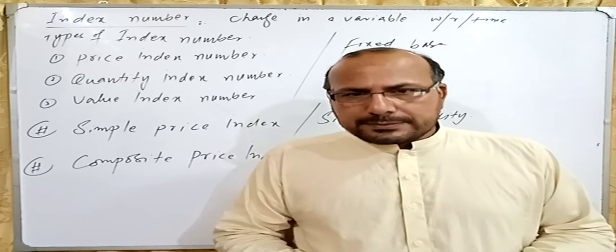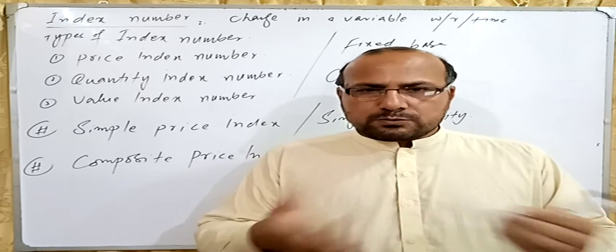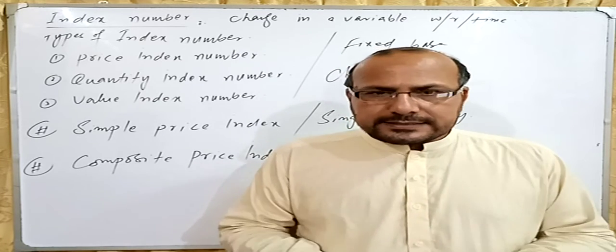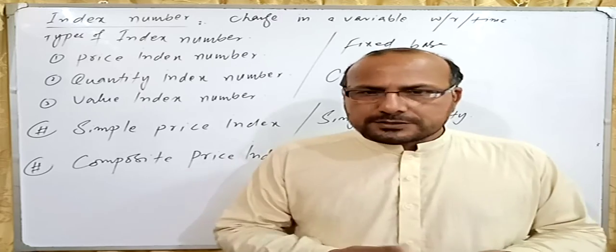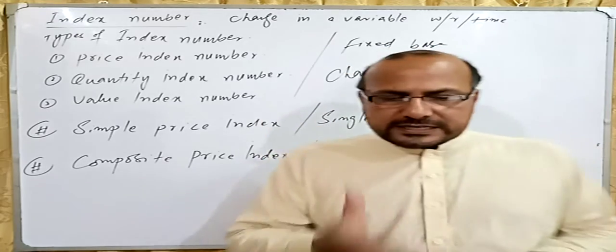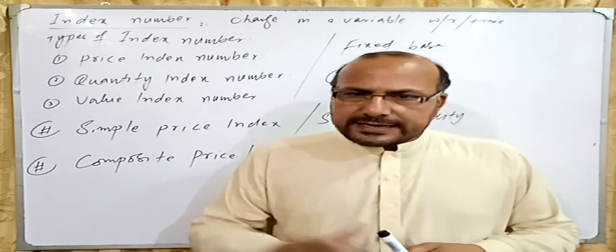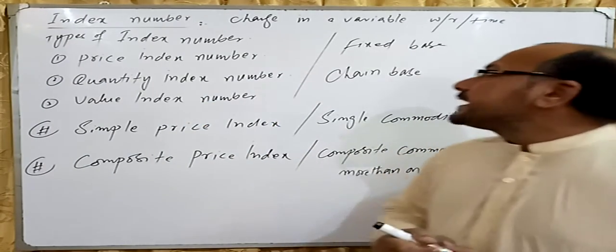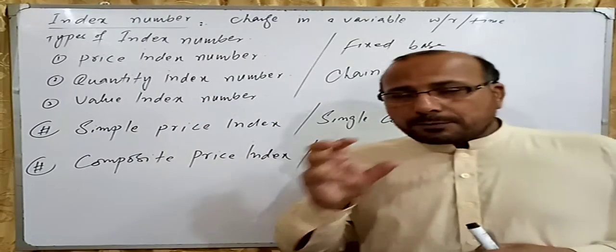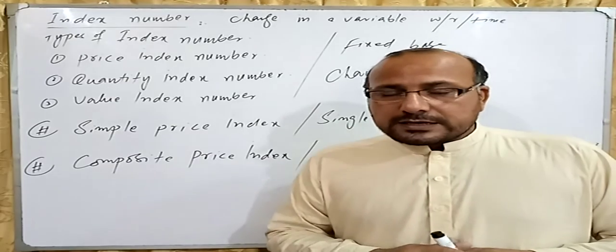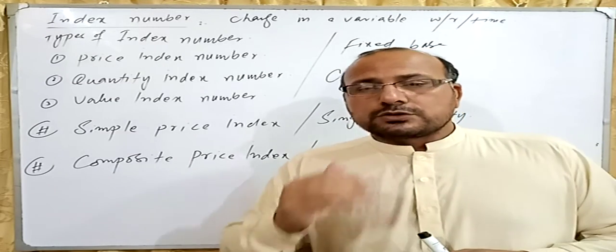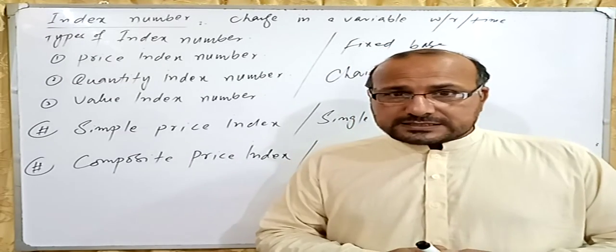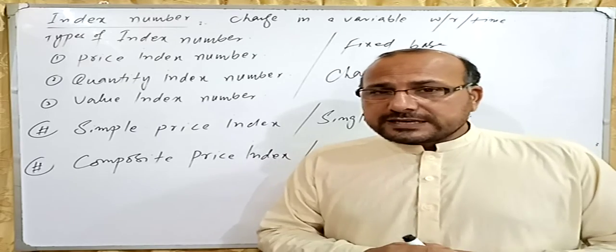The variable may be quantity, quality, price, or production. So first, generally, we will try to explain what is meant by index number. The proper definition and explanation are given in the notes also, so you can study from there too.